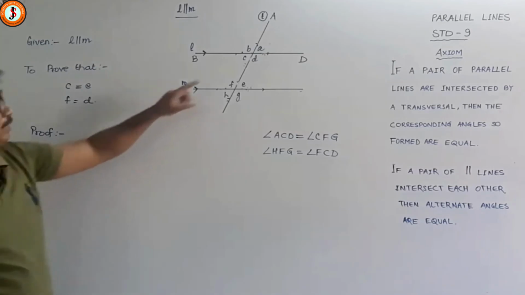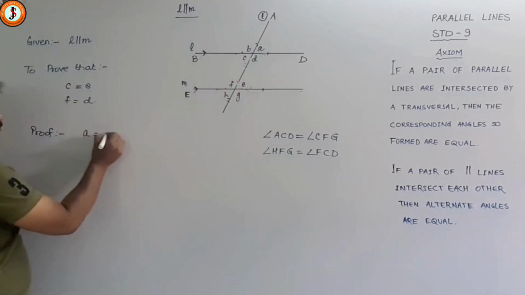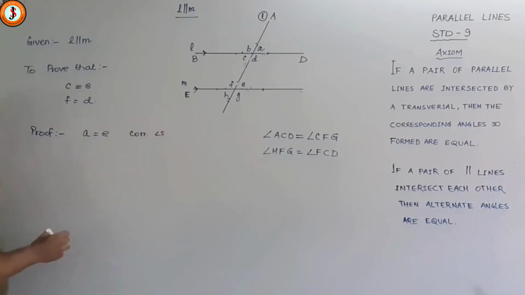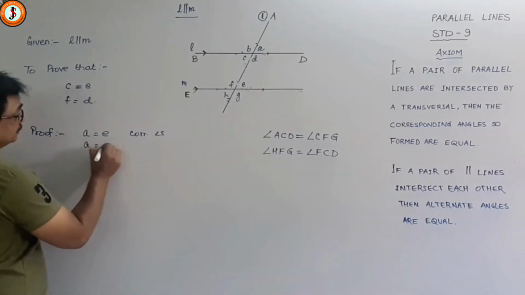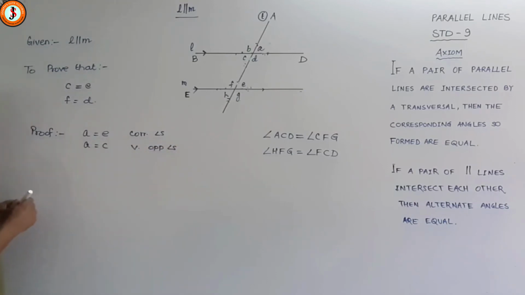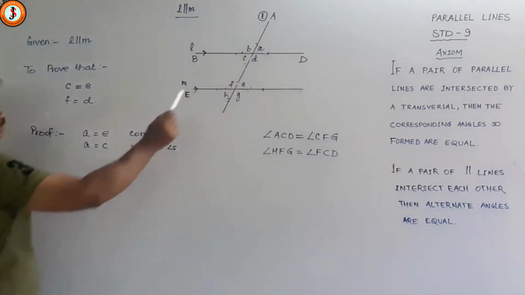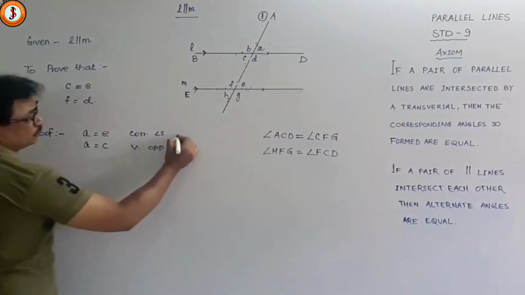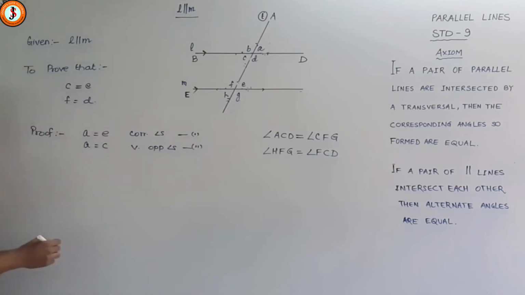Now what will happen? Angle A will be equal to angle E by corresponding angles, and angle A will be equal to angle C by vertically opposite angles. Have a look. Angle A will be equal to angle E, corresponding angles, and angle A will be equal to angle C. Now things which are equal to the same thing are equal to one another.